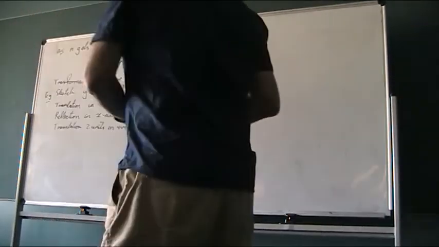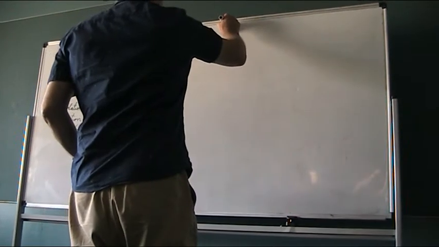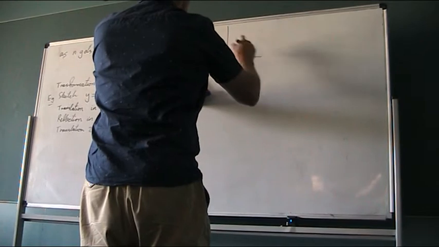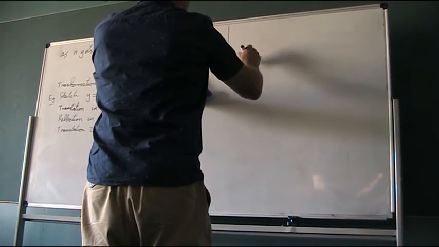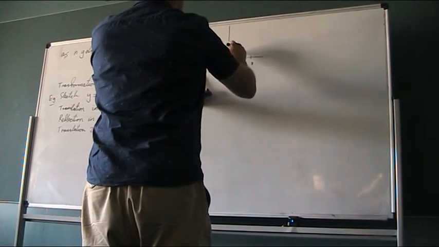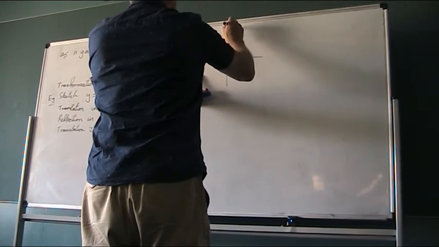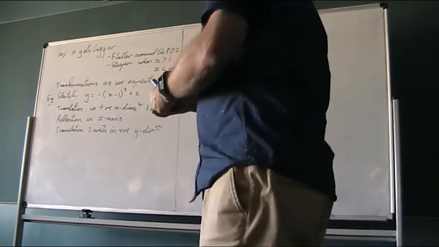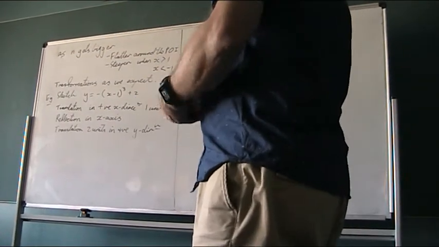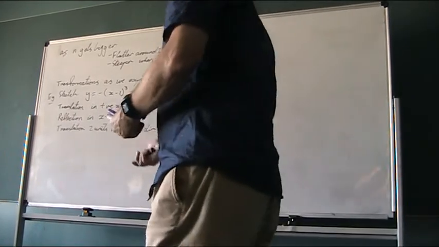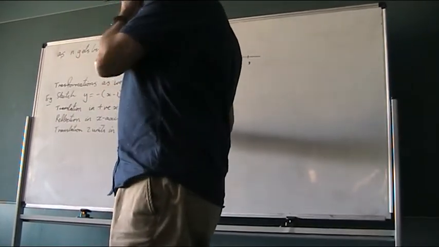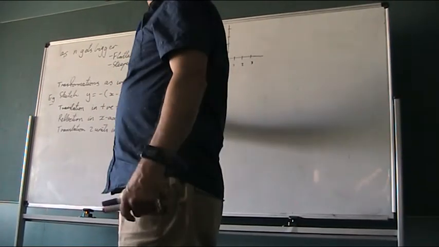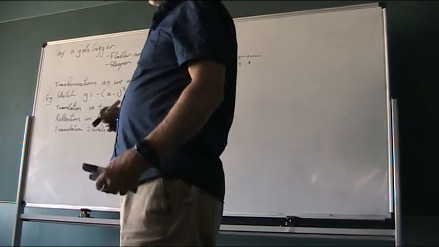Right, so if we're going to sketch this one, there's some things we know about it. Now, if it's been translated twice, what does that now mean about our point of inflection?